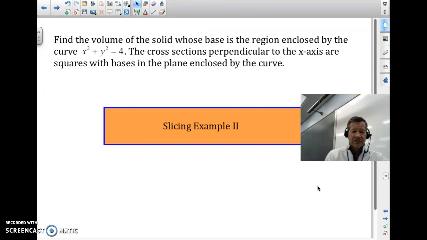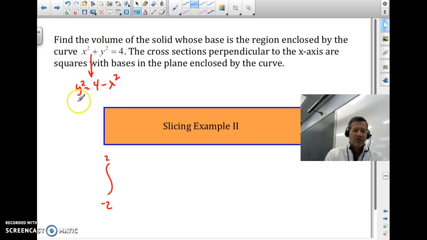So for this one, I am going to integrate from -2 to +2. By the way, if we were to solve this for y, like if you weren't sure that this was a circle, we could solve it for y, right? Y would be plus or minus the square root of 4 minus x squared.